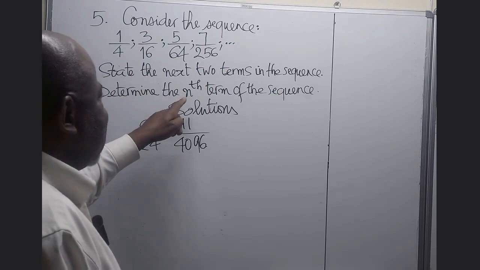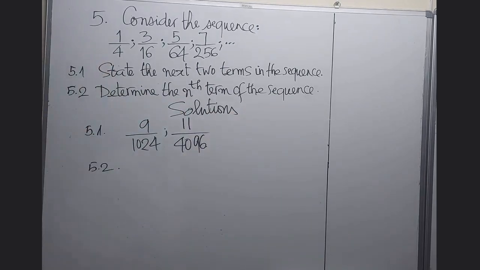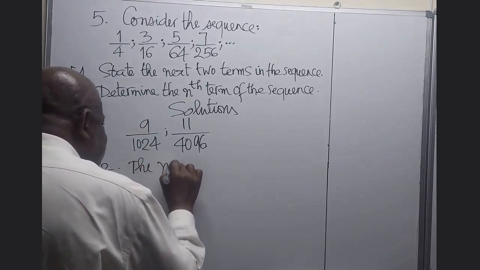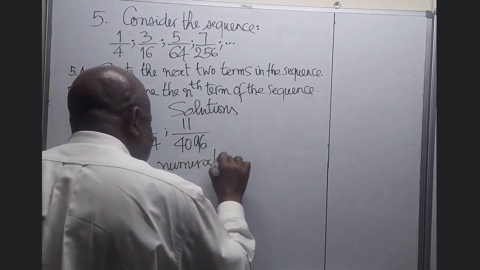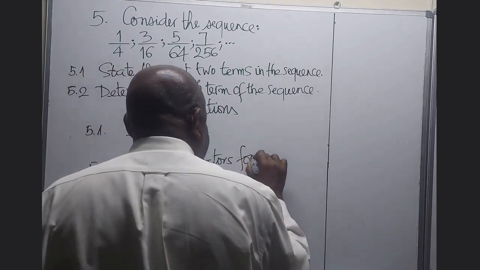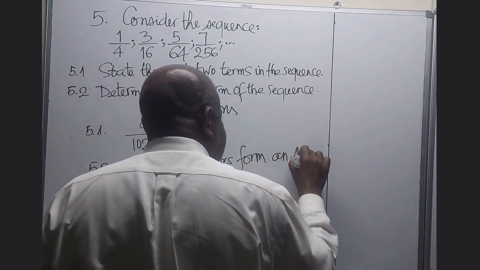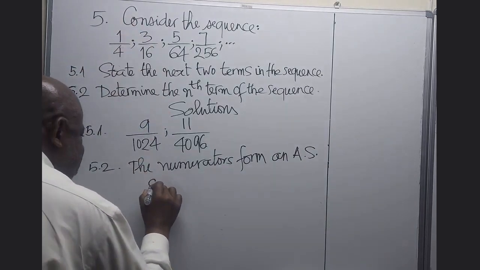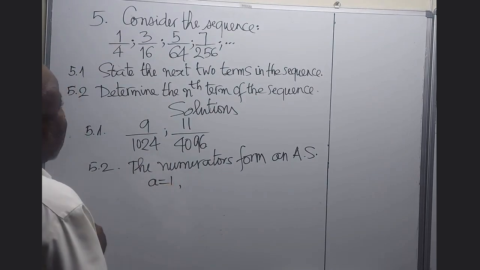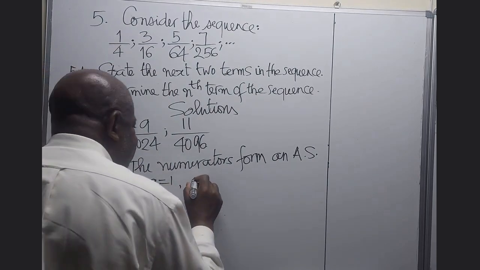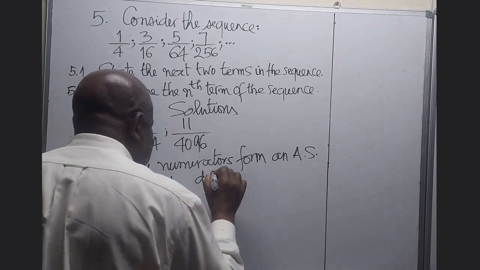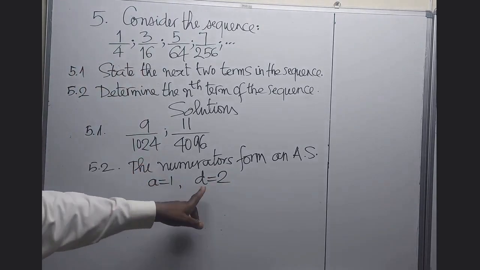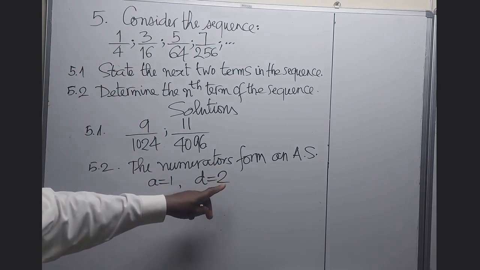5.2, determine the nth term of the sequence. As you can see here, the numerators form an arithmetic sequence with the first term being 1 and the common difference being 2.